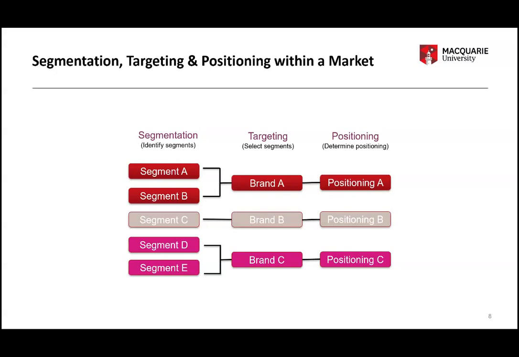But the attributes and benefits that are inherent in the different products and the different brands, and the core promises that they're making, need to appeal to the different wants and needs that are being sought within the individual segments that you identify in any product market. That's the key takeout from this slide.